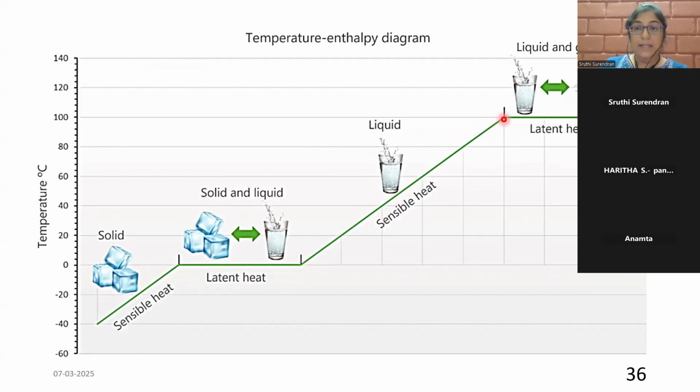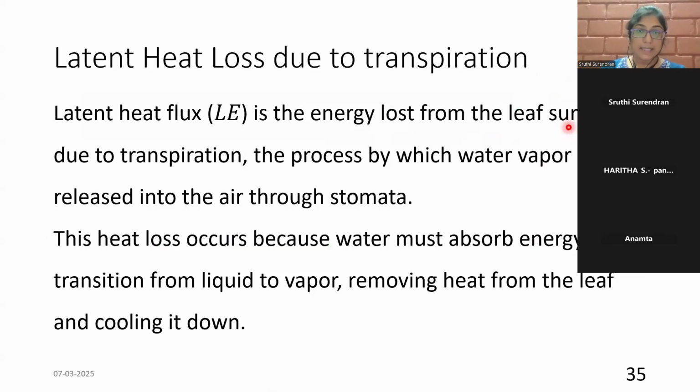Now, at this 100 degrees Celsius itself, water, which is in the form of liquid, will change into water vapor without any further increase in temperature. But here, what is changing is the phase. It is changing from liquid to gaseous phase. So this kind of heat that is resulting in the phase change of an object is called the latent heat.